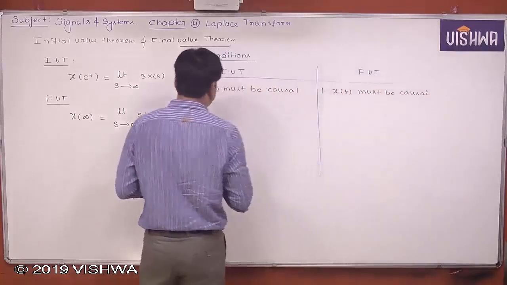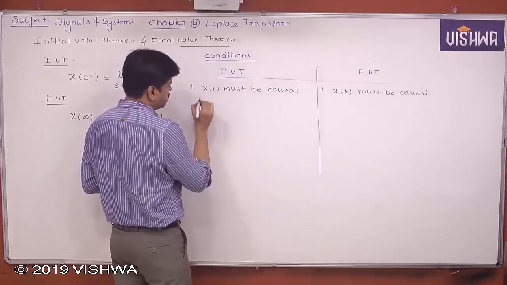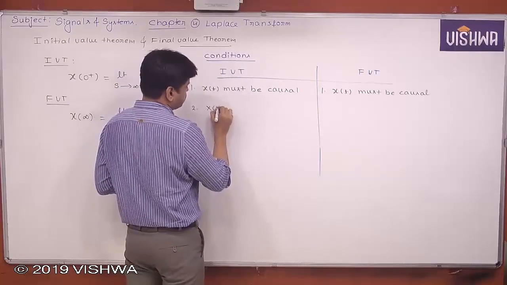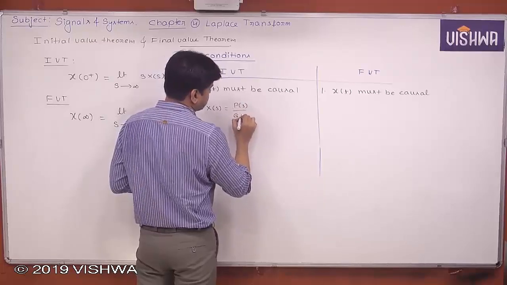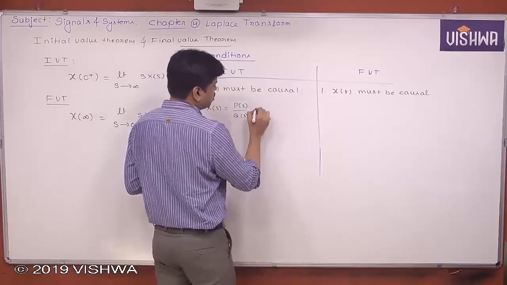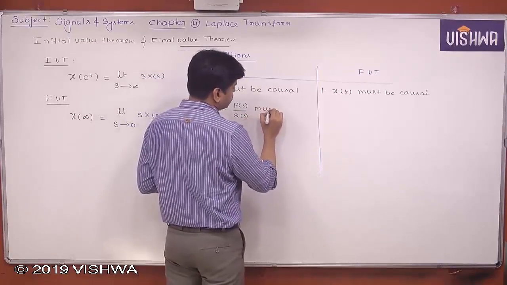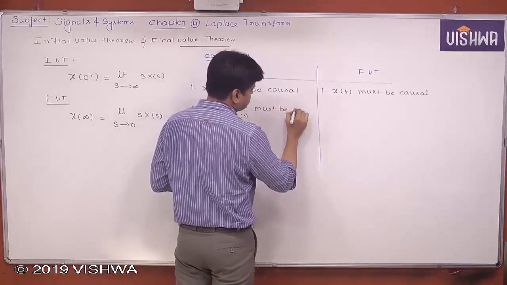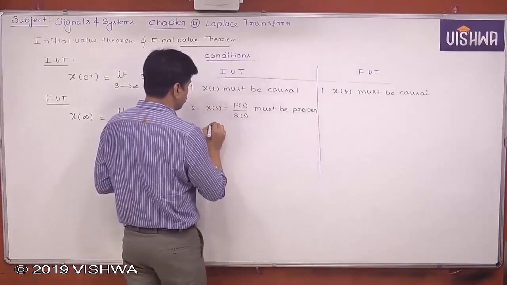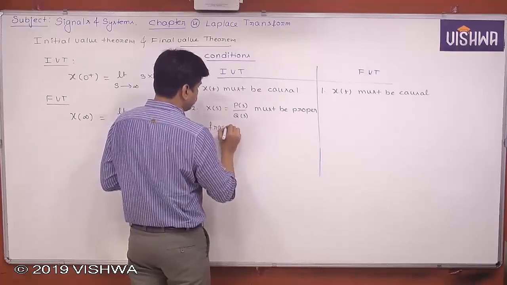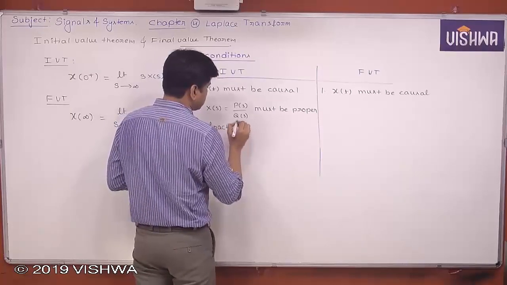Next, the second point in the initial value theorem: x of s, something like p of s by q of s, must be a proper fraction. What do you mean by proper fraction?